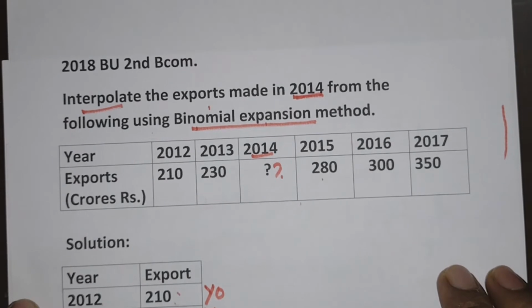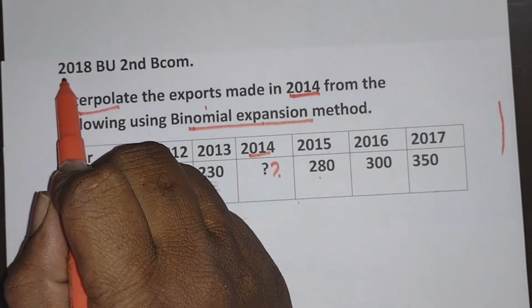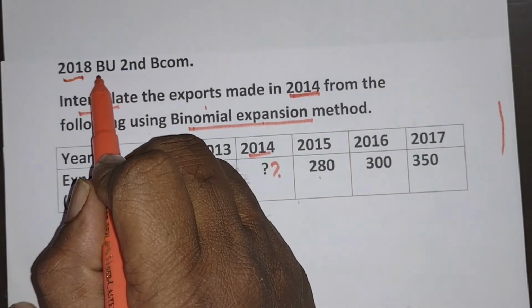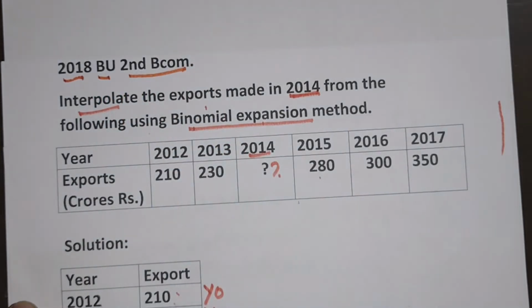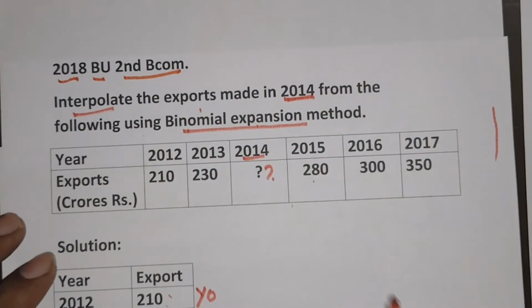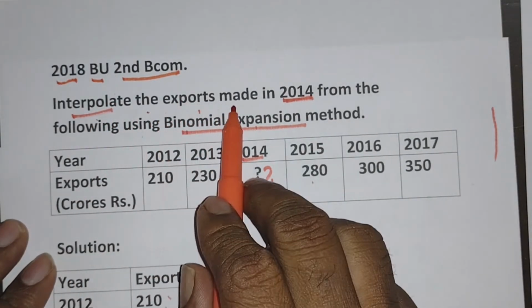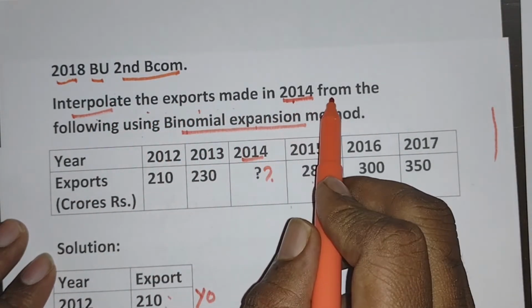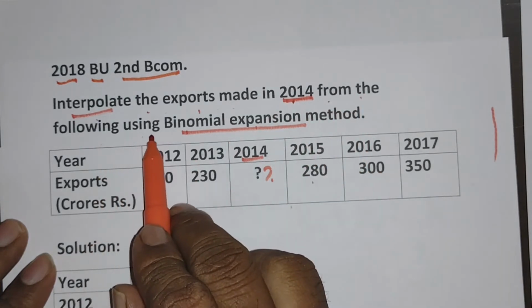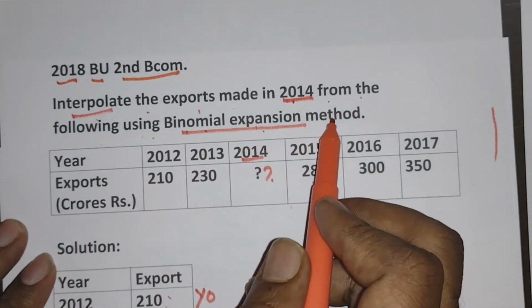Look into this question. This question has been asked in 2018 Bangalore University for second year BCom. Interpolate the export made in 2014 from the following using the binomial expansion method.